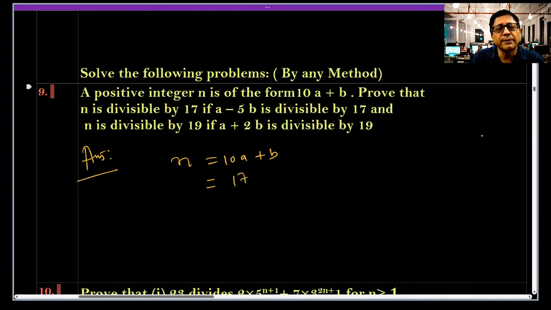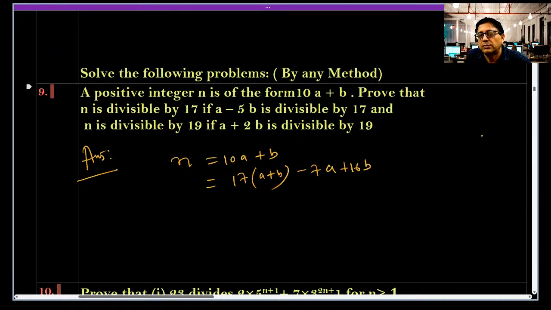So we write 17 into (a plus b). I am writing, then I am subtracting also. What we are going to subtract? 10a, it will be minus 7a plus 16b. No, it has not come.